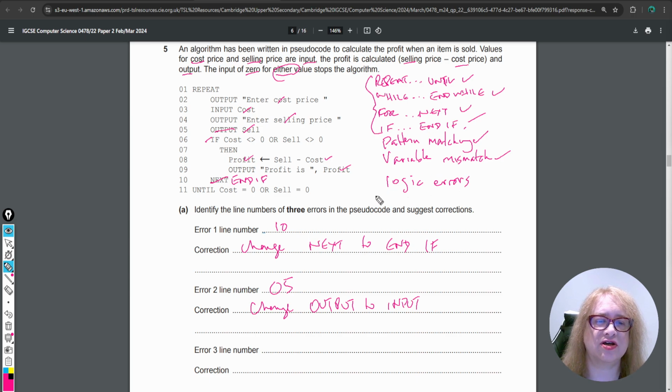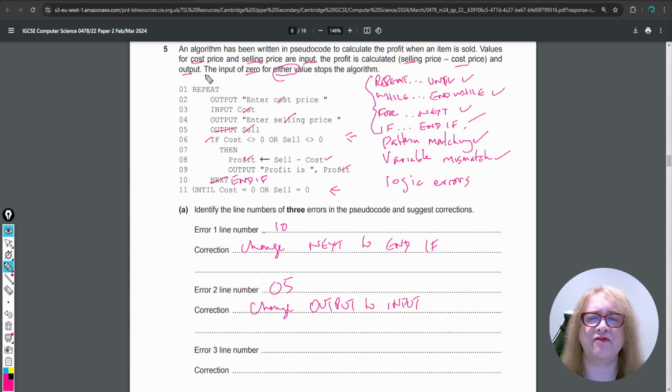Now, these are a little bit more difficult to find in many cases. So let's have a look at that in this case. There are only 2 places where we can have logic errors, and that's line 11 and line 6. So let's go back to the question. It says the input of 0 for either value stops the algorithm. So how can we reword that?